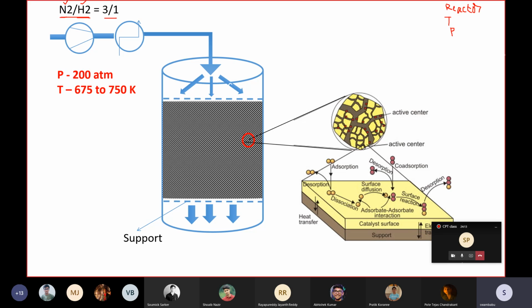On the active centers, the reactant diffuses onto the catalyst surface and adsorbs onto it. The reaction happens on the catalyst surface, then products desorb from the catalyst surface and come back. So these are the 6 steps. I'm sure you learned in the reaction engineering course how a heterogeneous catalytic reaction takes place.